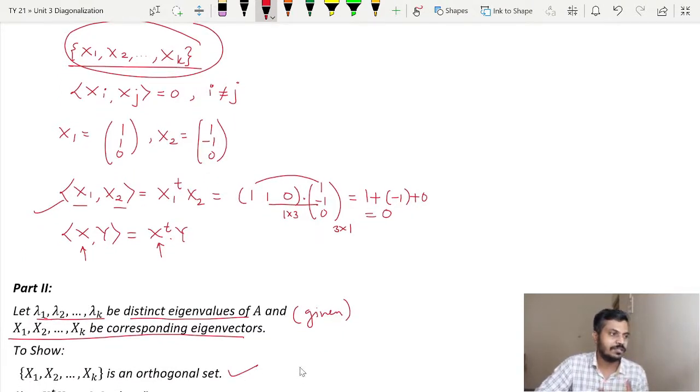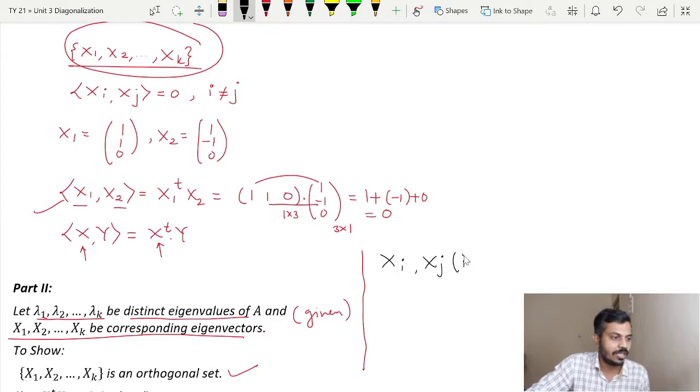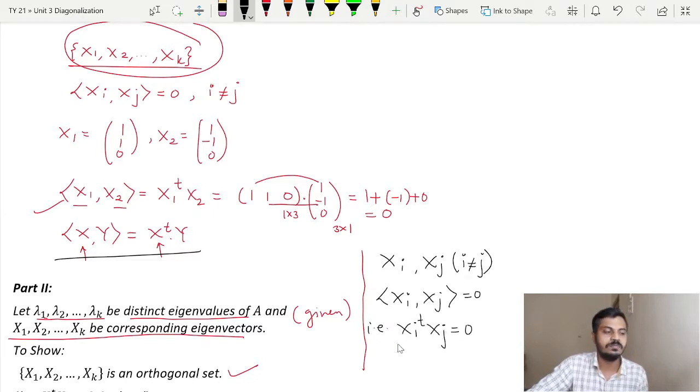It means that the inner product of any two distinct vectors from this set is equal to 0. So I will start with xi and xj as any two vectors from this set, and my claim is to prove their inner product is 0. But see, how is the inner product defined? In other words, what I have to show is xi transpose xj is equal to 0.